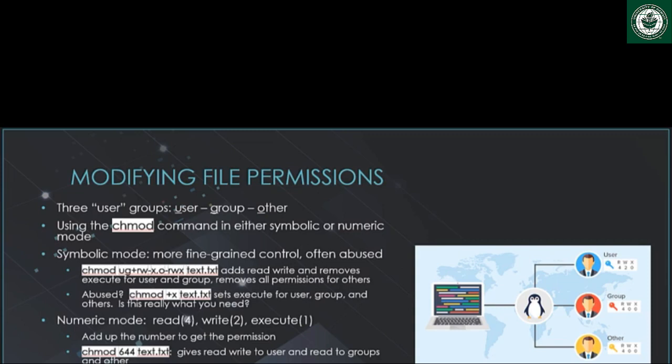And you can even mix them, which is ridiculous. So let's say you have a file called file.txt. And you want to set that file's permissions such that the owner has full read, write, execute permissions.